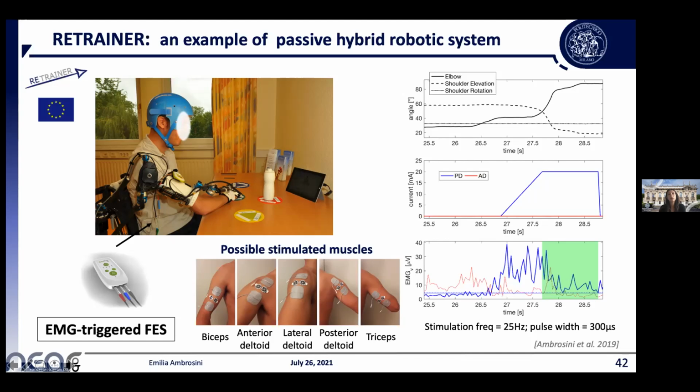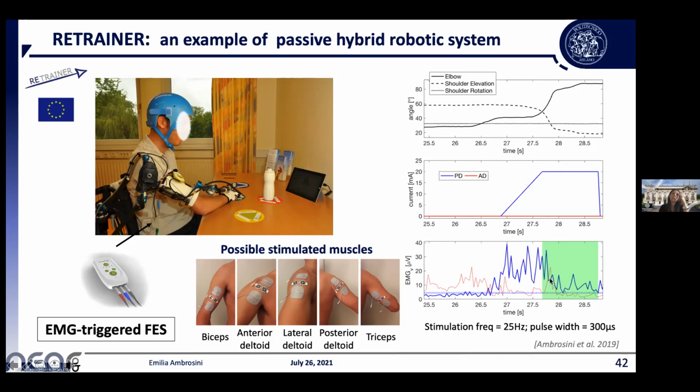So if you look at this plot here, that was the volitional EMG, so the EMG after the removal of the stimulation artifact. As soon as this EMG overcomes a threshold, here you could see that stimulation starts up to a predefined maximum value. And we also measure the voluntary EMG activity during the stimulation phase.